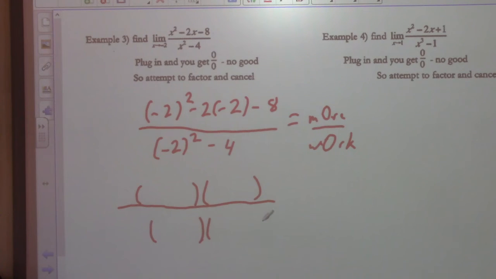And so what do we have when we factor these? To me, the bottom one's easier to factor. x minus 2, x plus 2, right? Yes. What does the top one factor into?